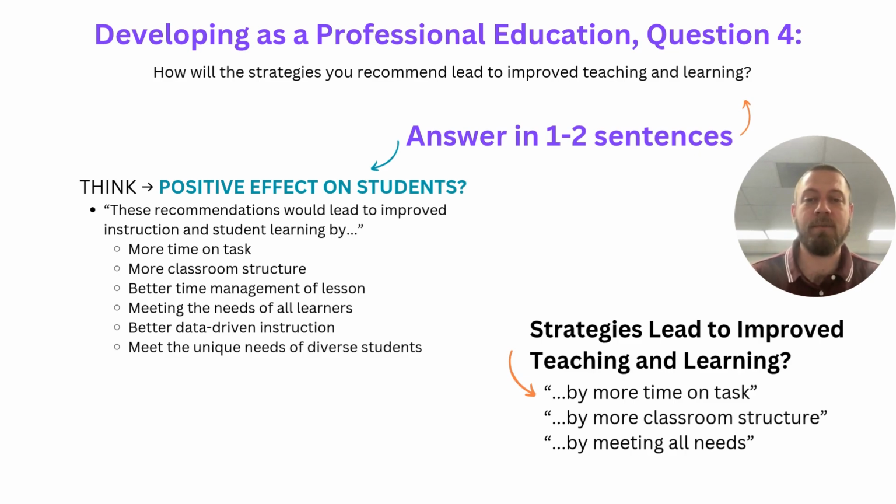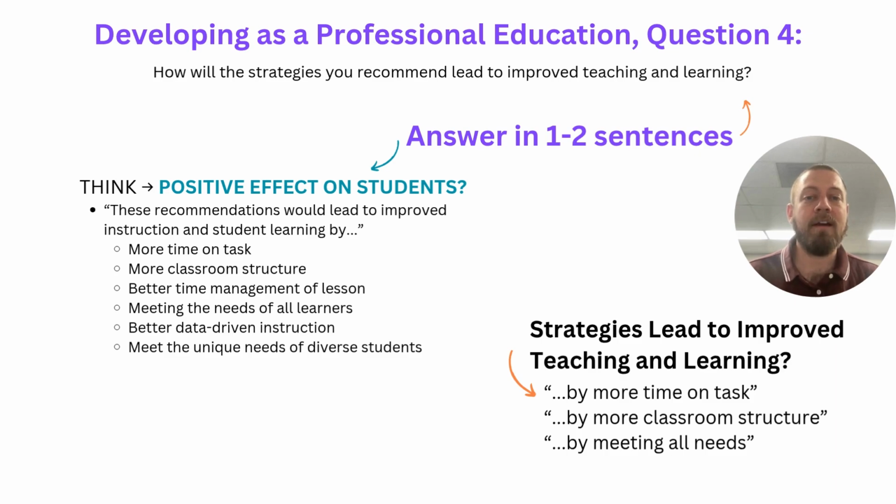These recommendations would lead to improved instruction and student learning by, and these can be things like more time on task, more classroom structure, better time management of lesson, meeting the needs of all learners, better data driven instruction, meeting the unique needs of diverse students.